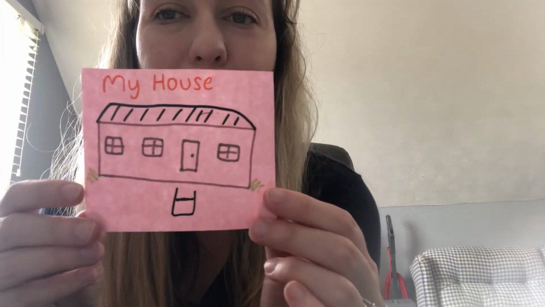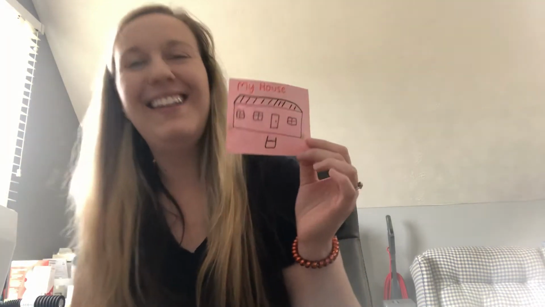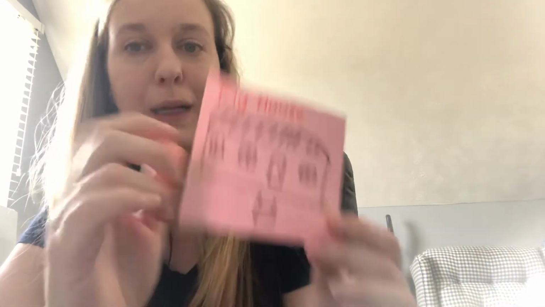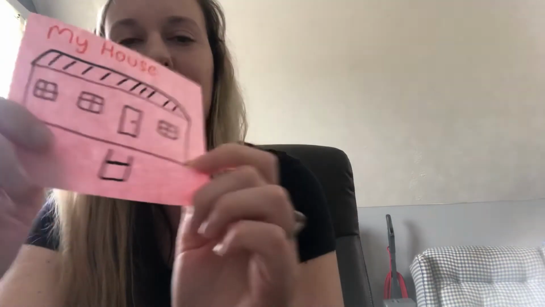So I have drawn a picture of my house. Now, I didn't finish it up very well. This is not exactly what my house looks like, but you know, it's close. There's actually another window over here on this side that I forgot about. Also, there's a porch, and I couldn't really figure out how to draw a porch.